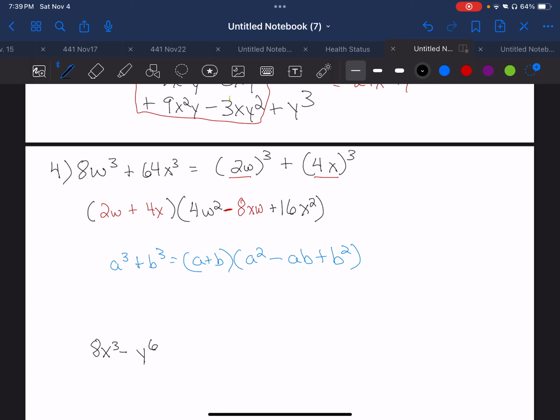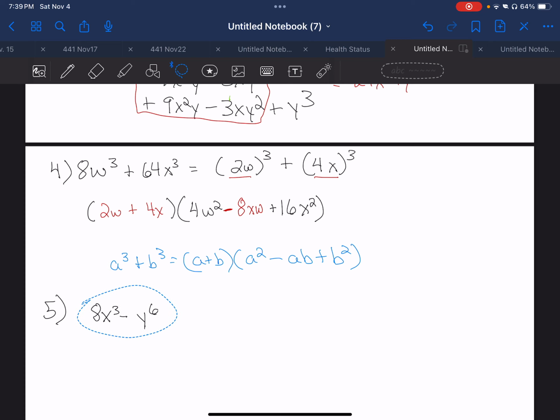So one last example here, number 5. 8x cubed minus y to the 6. Same steps. 2x quantity cubed minus y squared cubed, right?